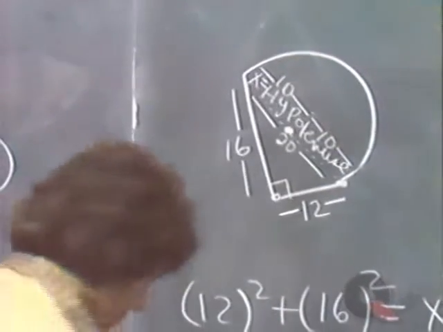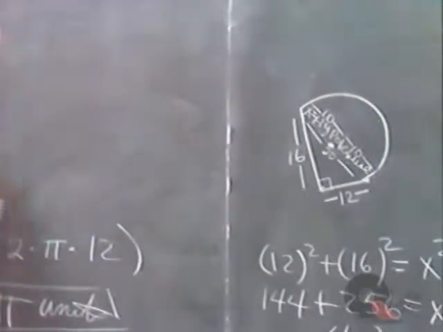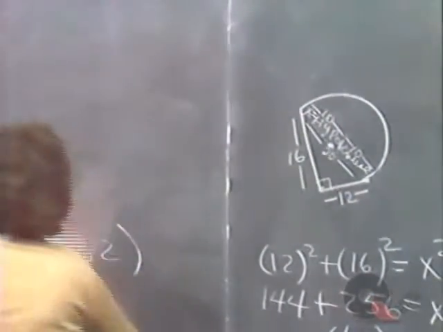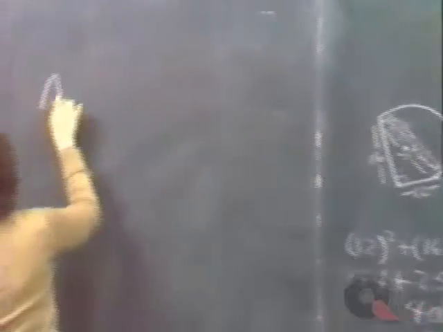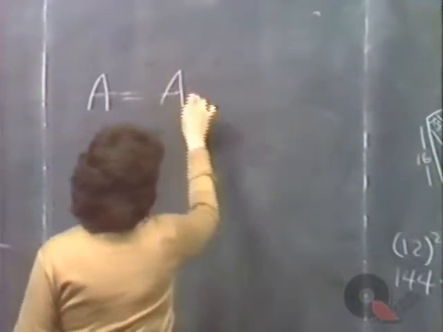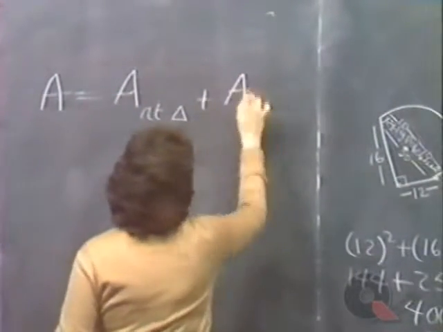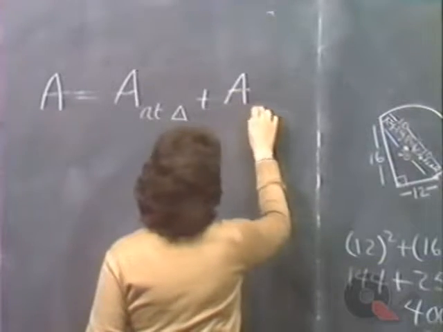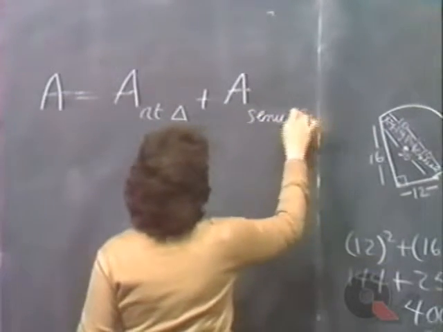Now, we know enough to finish the problem. The area of the figure is going to be the area of the right triangle plus the area of the semicircle.